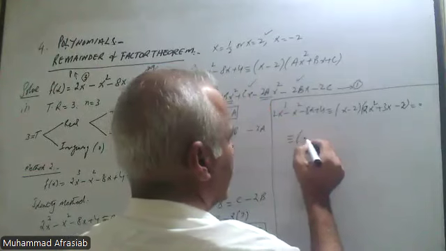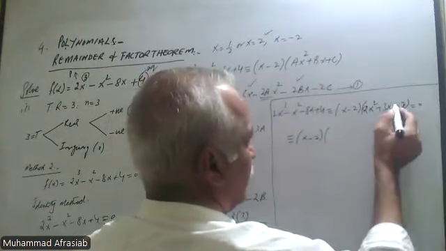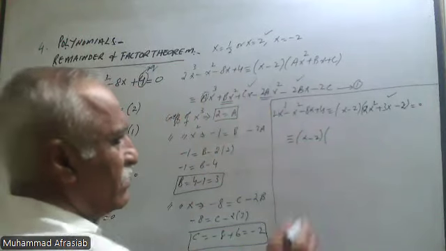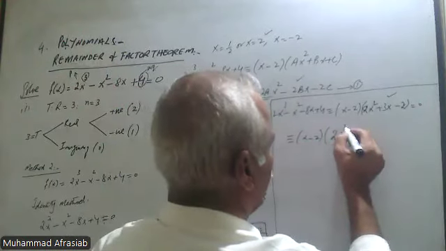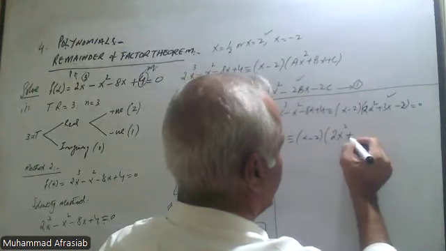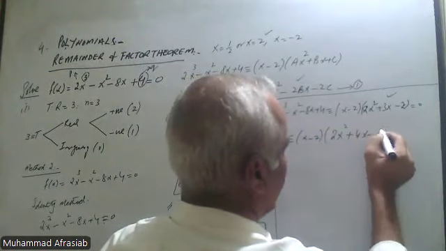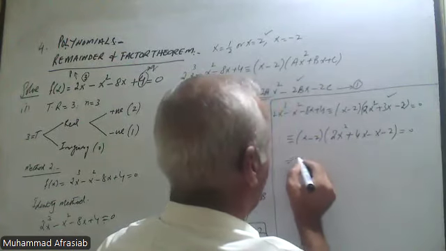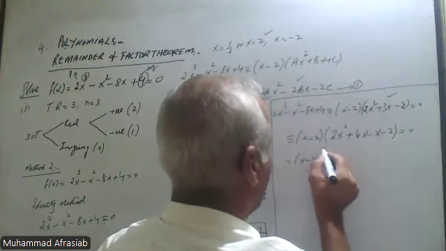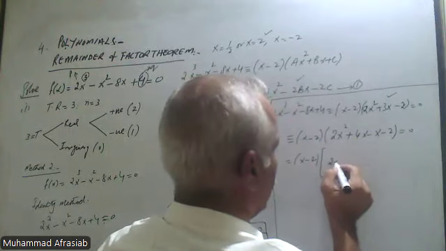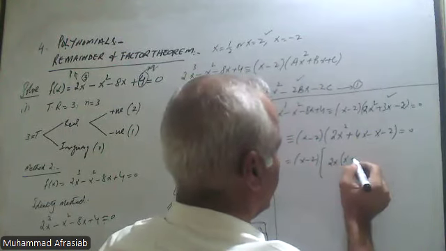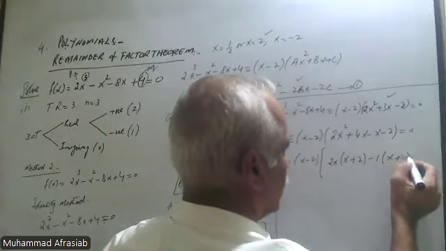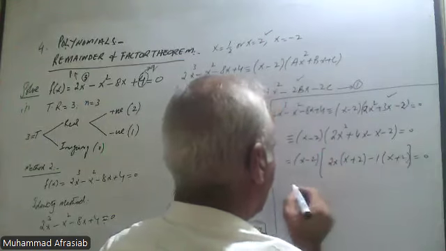Now, x minus 2, and it is a quadratic equation which we can solve by a simple method. It should be equal to 2x square plus 4x minus x minus 2 equal to 0. This should be equal to x minus 2, 2x is common, x plus 2, minus 1 is common, x plus 2, that thing is equal to 0.